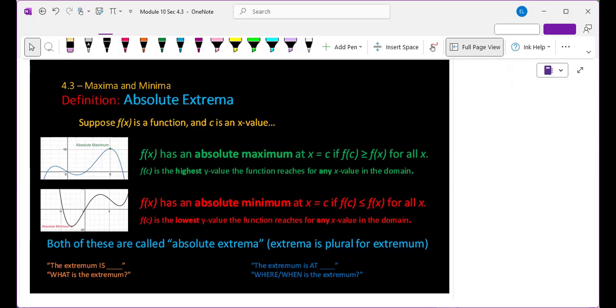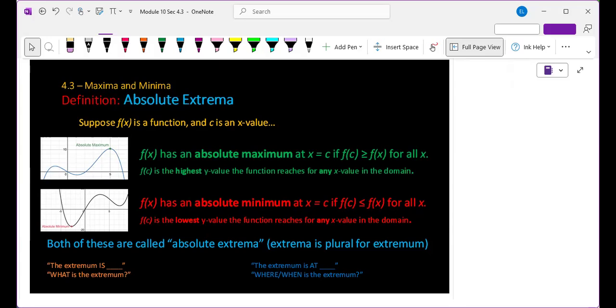So these are the book definitions. You will not have to regurgitate these. We're just going to talk about them so we understand the very clinical way it's written. So f of x has an absolute maximum at x equals c if f of c is greater than or equal to f of x for all x.